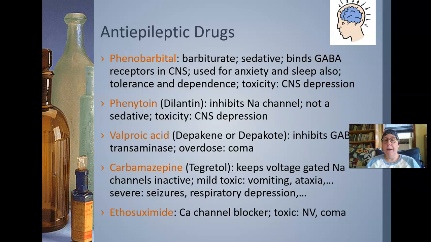So learn those. It inhibits the sodium channel. It is not a sedative, but the toxicity will cause central nervous system depression.